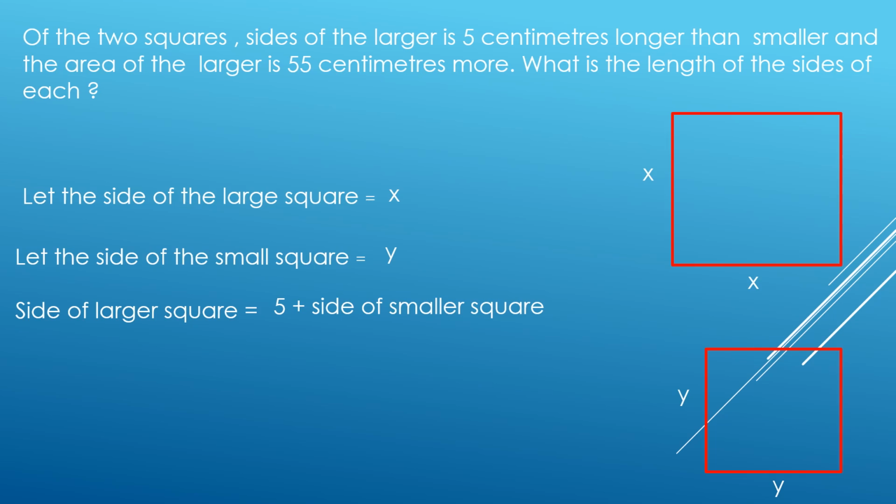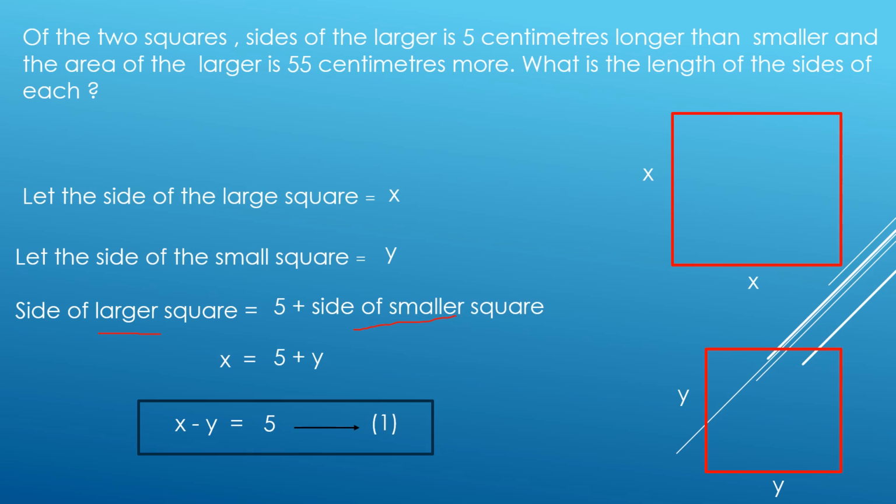We have side of larger square x, side of smaller square y. Now tell me the equation. Good. x equals, yes, 5 plus y. So what do we get on rearranging? Good. x minus y equals 5.